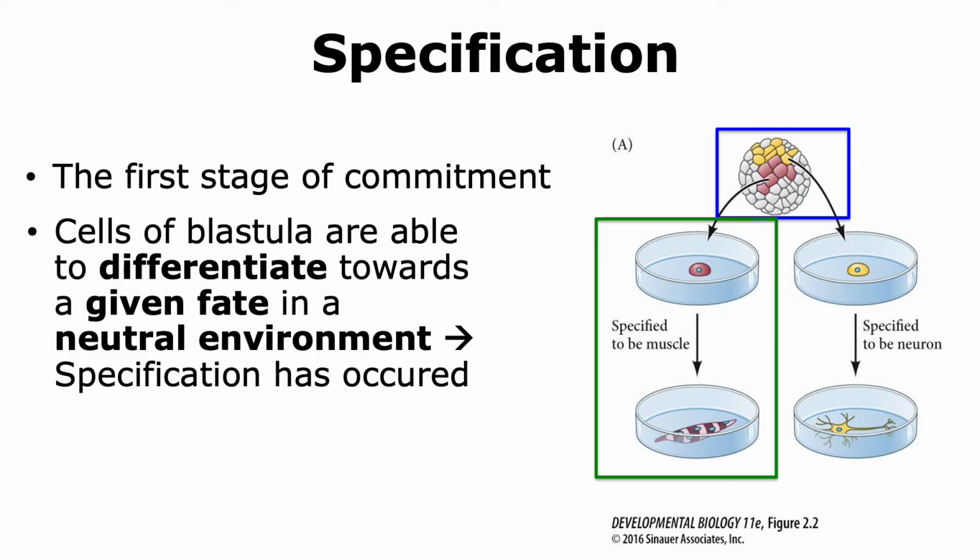Similarly, if we took one of the yellow cells that is supposed to become a neuron and placed it in a neutral environment, and that cell is able to actually develop into a neuron, then the cell has undergone the process of specification.